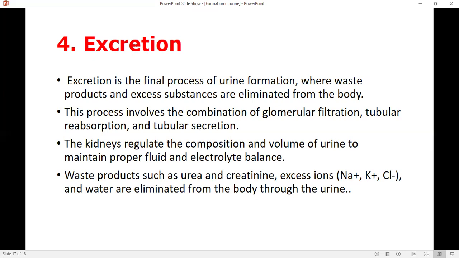For excretion, this is just a final process. Every component now about urine is already in this process. It just needs to be expelled. The excess and toxic substances, metabolites, then get expelled out of the system.